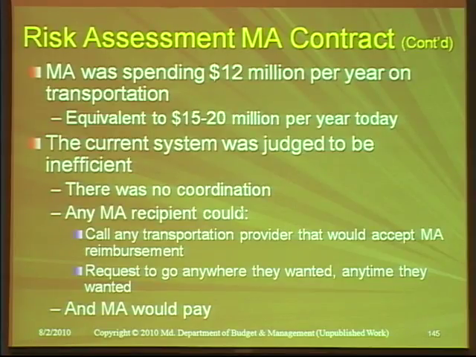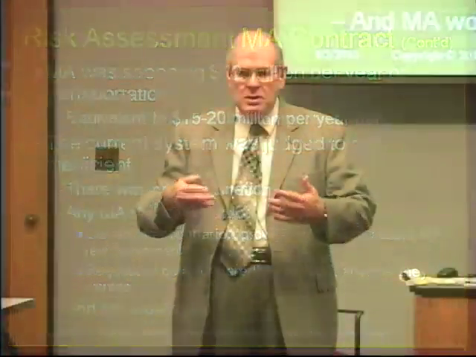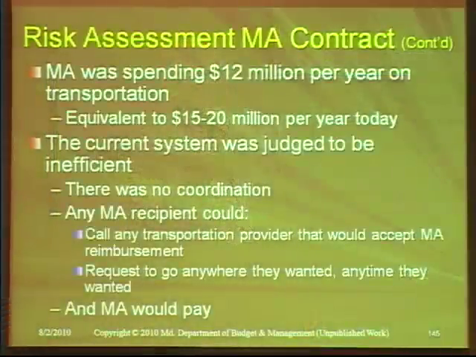There was no coordination. Any MA recipient could call any transportation provider, taxi cab, anybody that was an MA provider, and say, come pick me up at my house at this time and take me to this location by that time. And the vendor would do it, and they'd send the bill to medical assistance because it was an entitlement. And MA would pay.